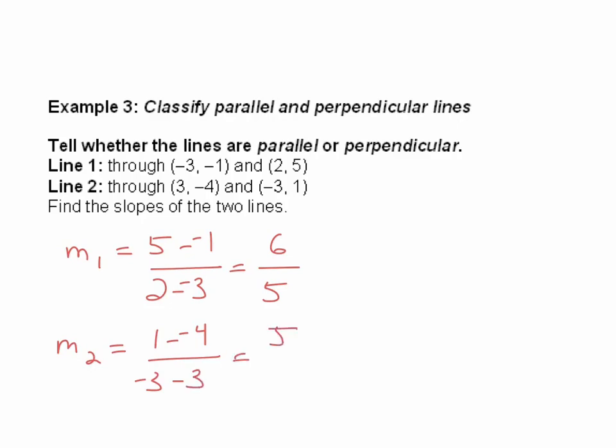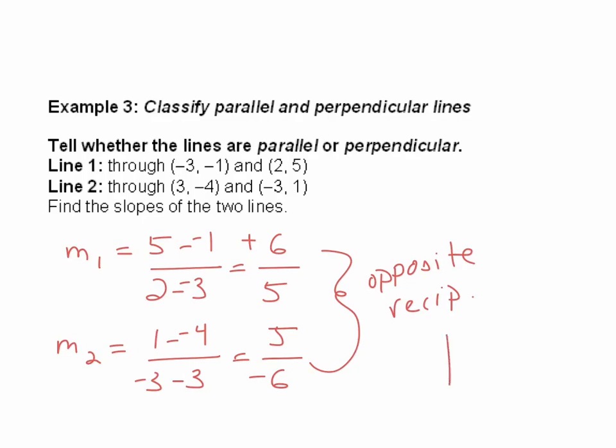So we're at 5 over negative 6. Look at that. They're reciprocals, and one's positive and one's negative. So these two slopes here are what we call opposite reciprocals. You can abbreviate if you like. And that makes them perpendicular.